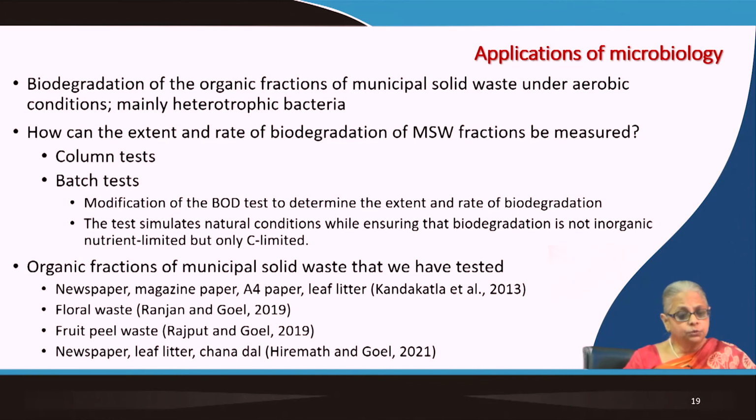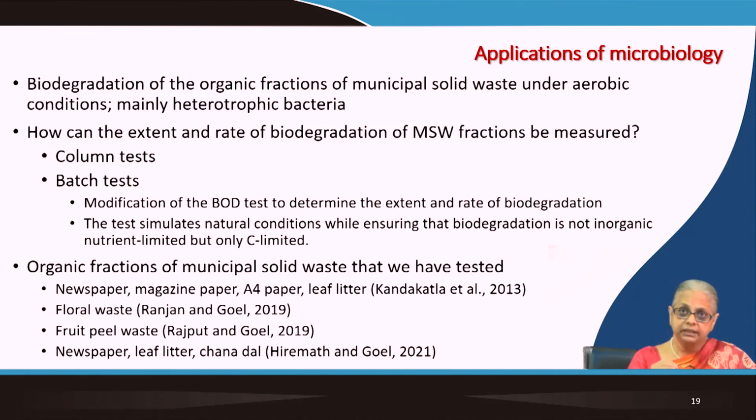Then we come to the organic fractions of the municipal solid waste that we've already tested. We've done newspaper, magazine paper, different types of paper. And remember that newspaper has very high lignin content. The process of creating newspaper is called mechanical pulping.